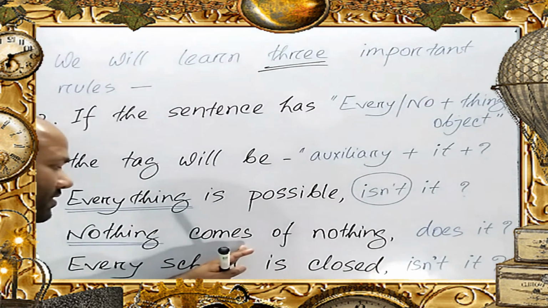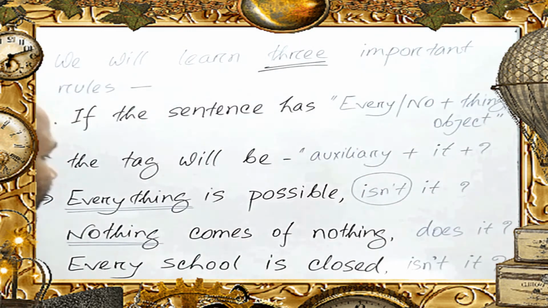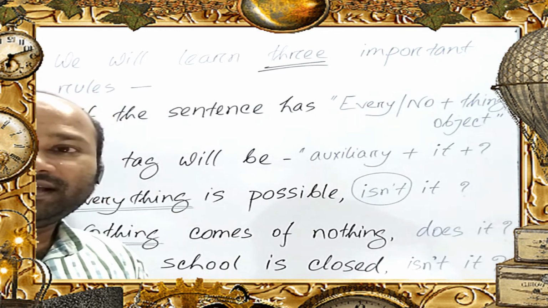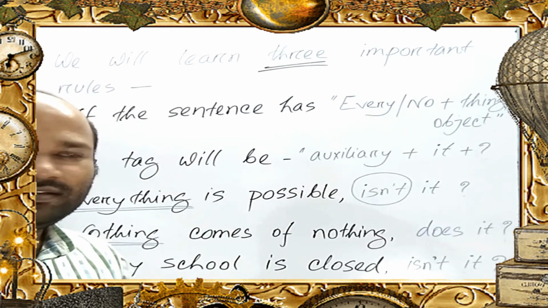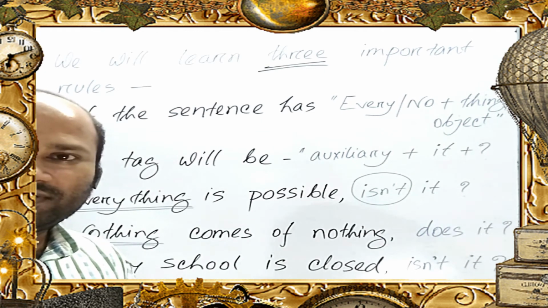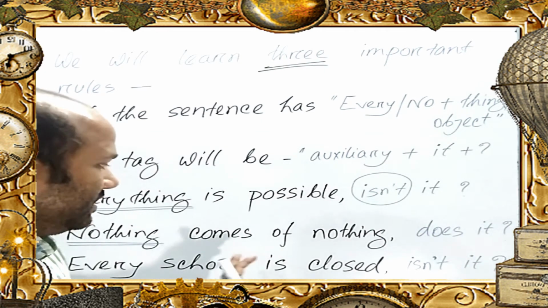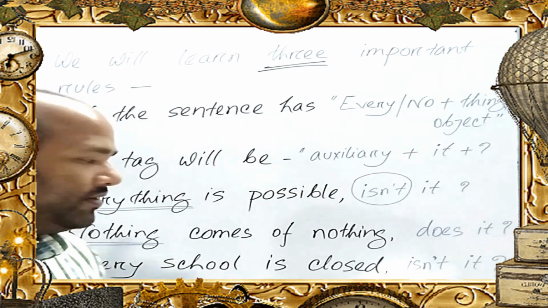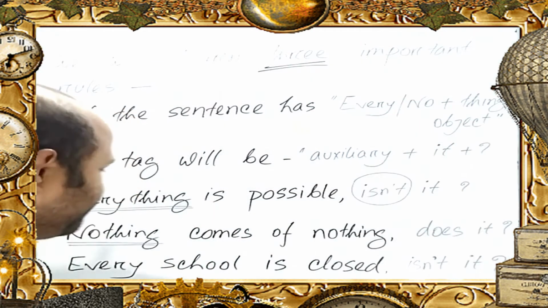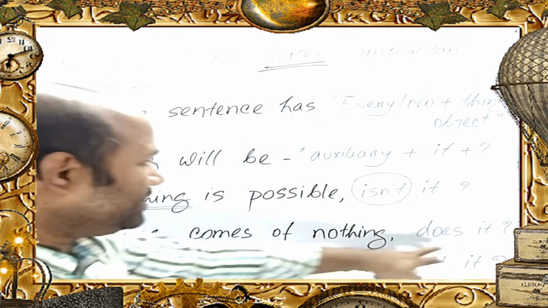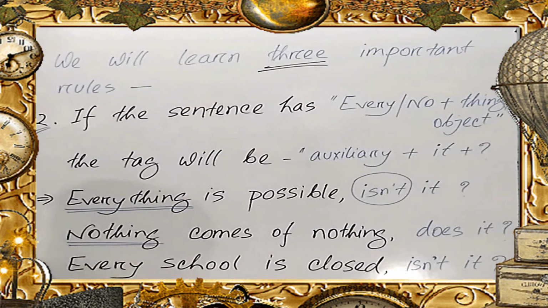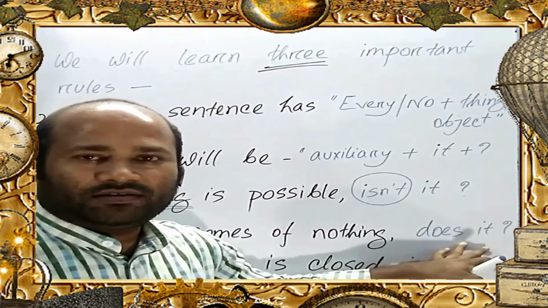If there is no auxiliary in the sentence, you have to count the main verb, and if this verb has an s with it, then the auxiliary will be does. If it doesn't have an s, it will take do, or if it is in past tense, it will take did. So nothing comes of nothing, does it? As it is negative, there is no n't.